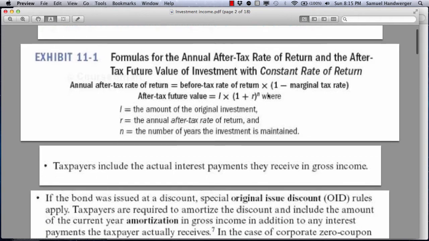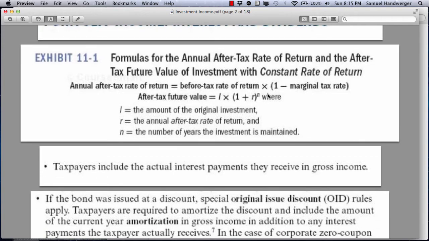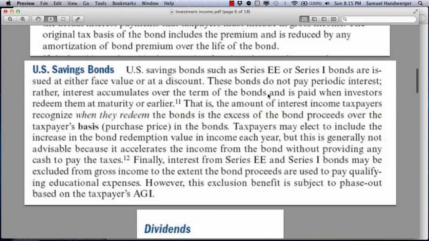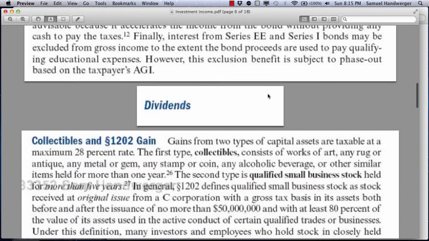And therefore, their rate of return after tax is a little greater than a normal taxable instrument that's taxed both at the federal and state level. So in summary, you've got EE bonds, Series I bonds, and a whole bunch of Treasury instruments that you can invest in that won't be taxed at the state level, and that's really cool.